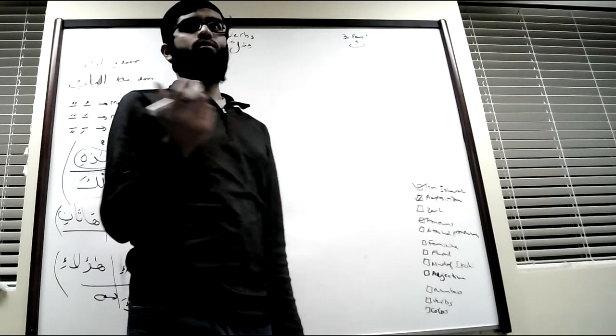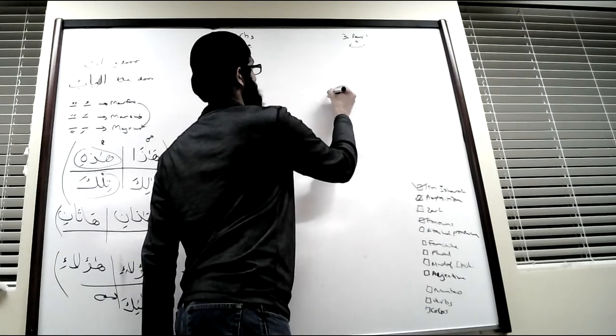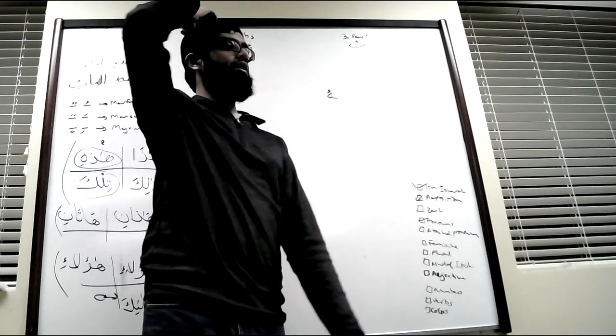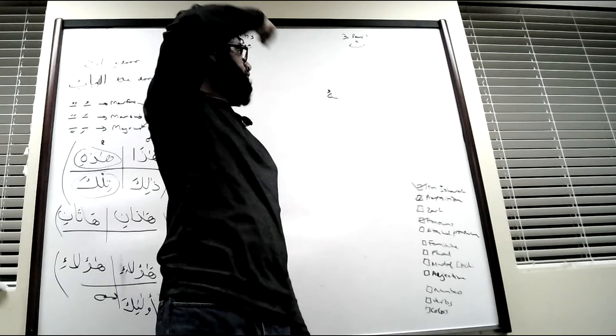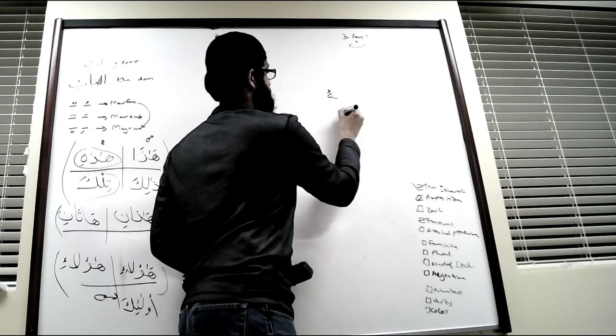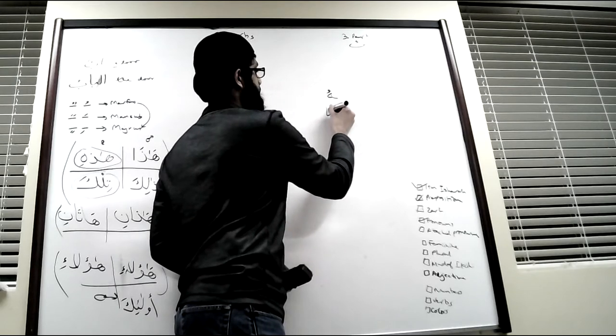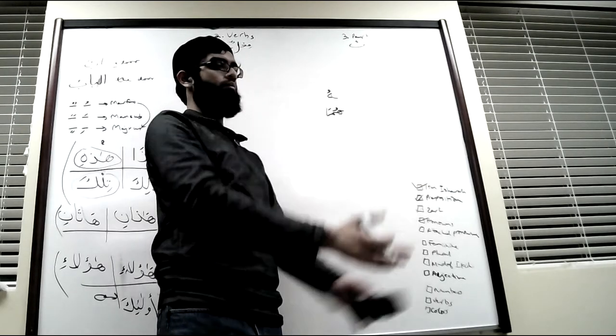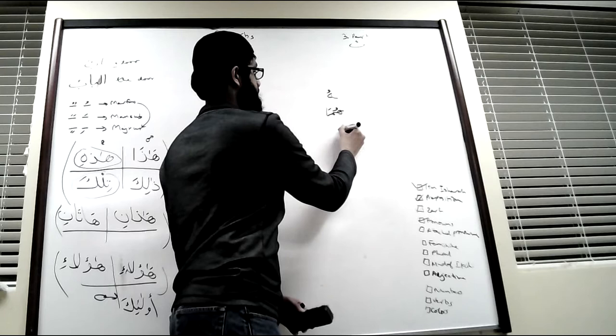You add just a ha with a damma. Okay. What about for two of them? Huma. Right. So the huma stays the same. What about for all of them? Hum. So you attach that with hum.